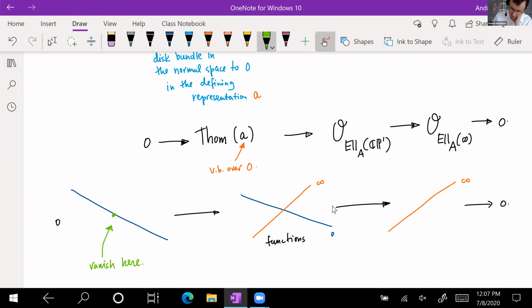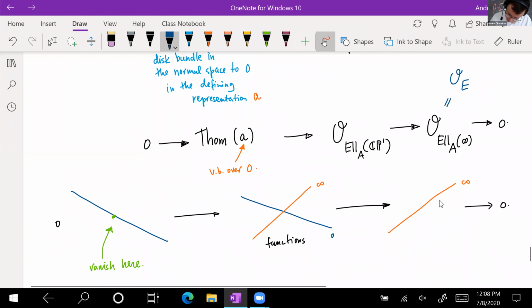You take all functions on this union of two elliptic curves at the point, then in other words you get this structure sheaf. What's that guy? It's just the structure sheaf of this elliptic curve that corresponds to this fixed point. This object here is the ideal of 0 in the structure sheaf, right?